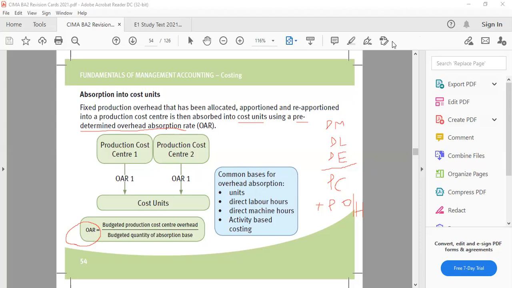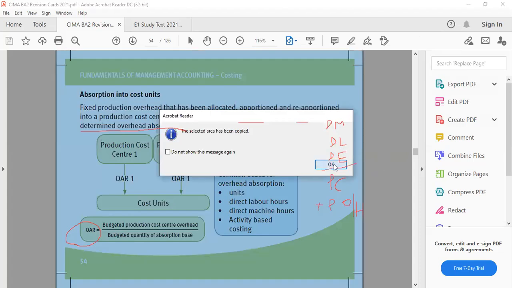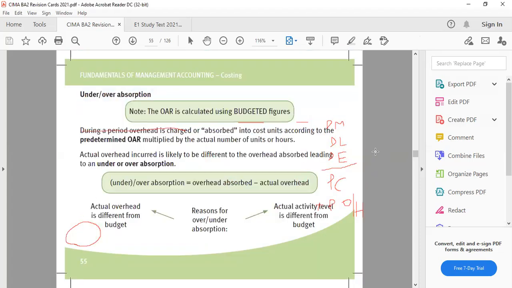So will the total actual overheads and the absorbed overheads match with each other? They wouldn't match. So they take up a reconciliation. They compare the actual amount incurred with the amount accounted in the cost sheet and find the difference between the two.